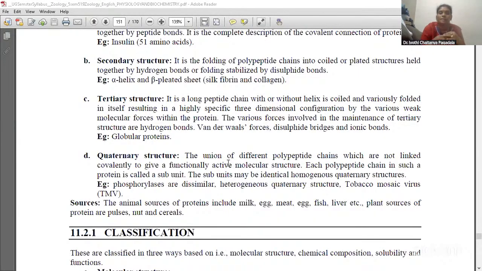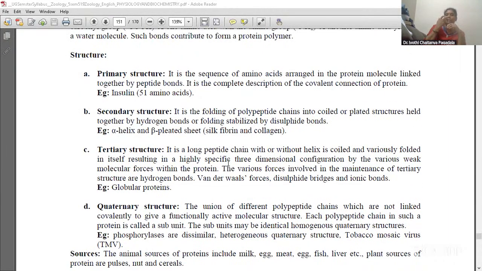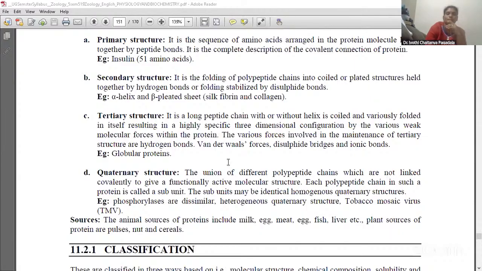The quaternary structure is the union of different polypeptide chains, not linked covalently, to give a functionally active molecular structure. Each polypeptide chain in such a protein is called a subunit. The subunits may be identical, homogeneously. This type of quaternary structure you can see in the TMV virus, tobacco mosaic virus.